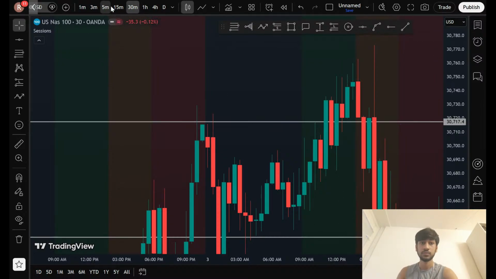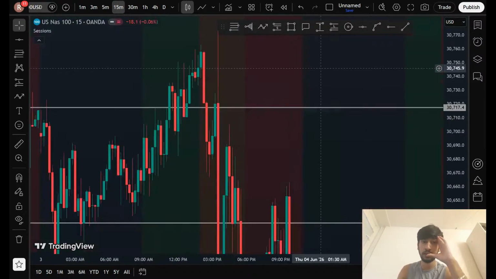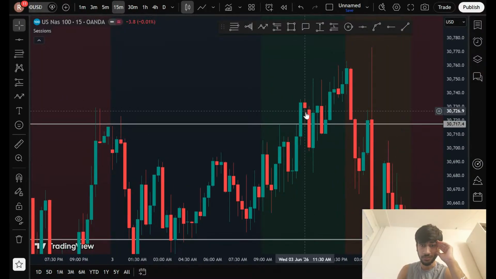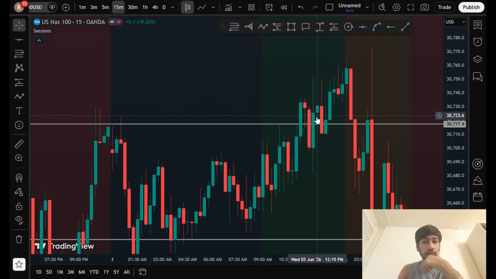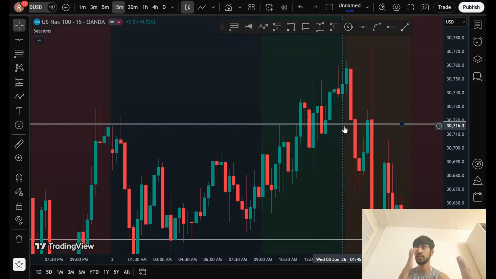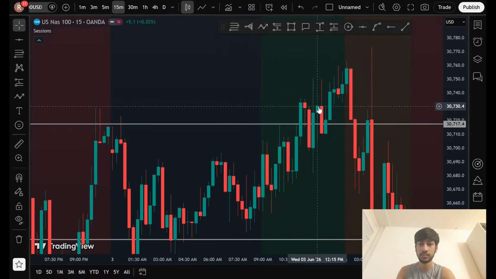Okay, so on 15 minute, how could we have managed risk? Price formed up, we bought over here, right? When this candle formed no wick on the top, we just got to close half. That means if we entered one lot, 1% buys, now we are left with 0.5.